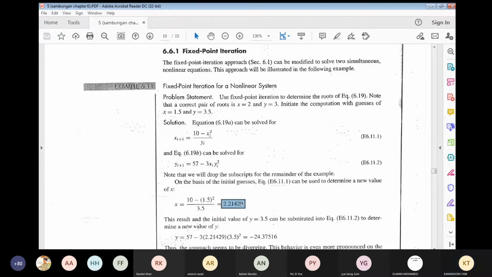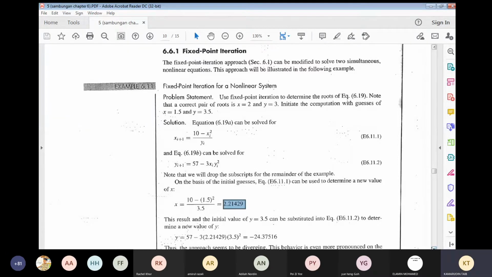Don't use the old number, otherwise the convergence will be slow. So we keep updating the value to the latest one that we calculated. So 3 times 2.21429 multiplied by 3.5 squared, which is the initial value for y.